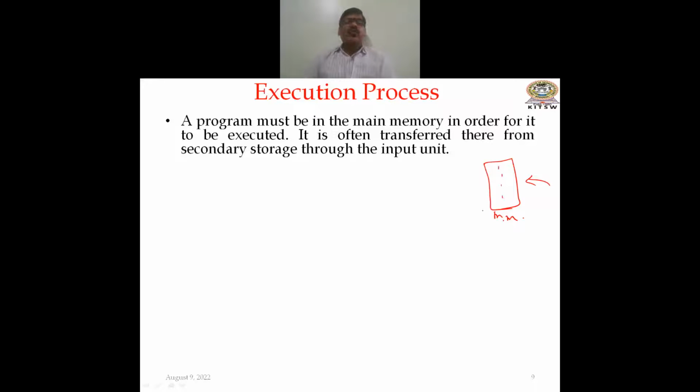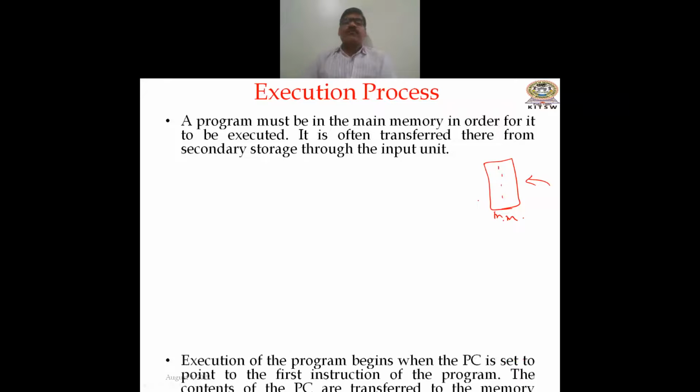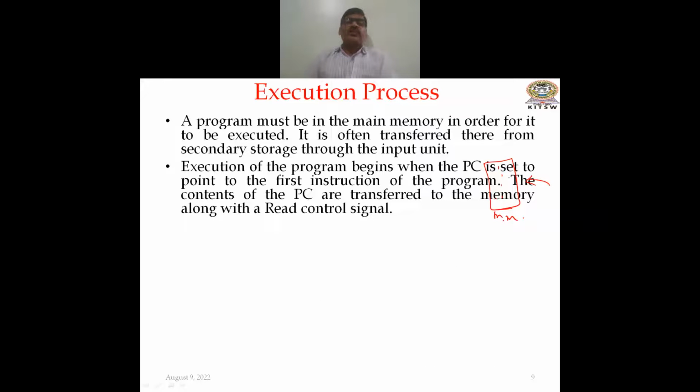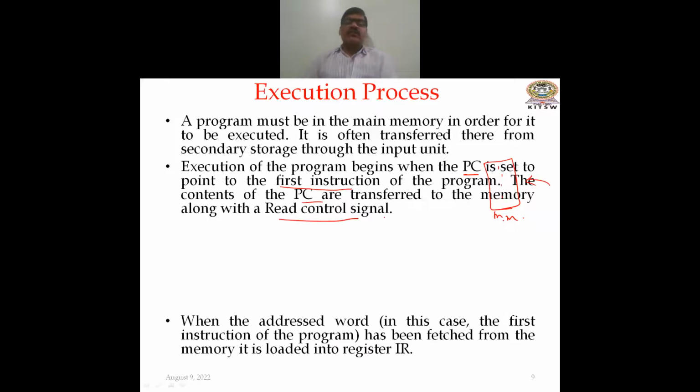Once they are loaded, the program is ready for execution. When we want to execute that program, the program counter register is set to the first instruction in the program, and the contents of the PC are transferred to the memory along with the read control signal, so that it will read the first instruction from the main memory into the processor.